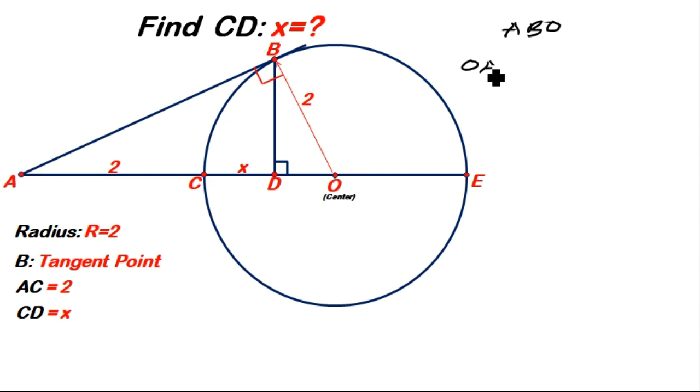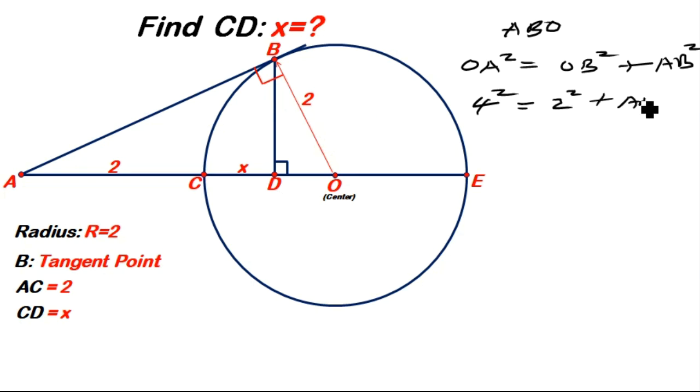So you have OA squared is equal to OB squared plus AB squared. So from O to A, the radius you are told is 2, meaning from O to C is 2, then from C to A is 2. 2 plus 2 is 4. So from O to A is 2 plus 2, that is 4 squared, equal to from O to B, the radius, that is 2 squared, plus AB squared.